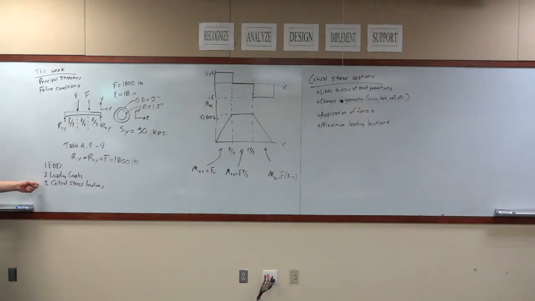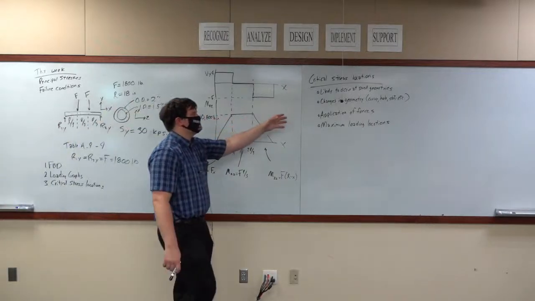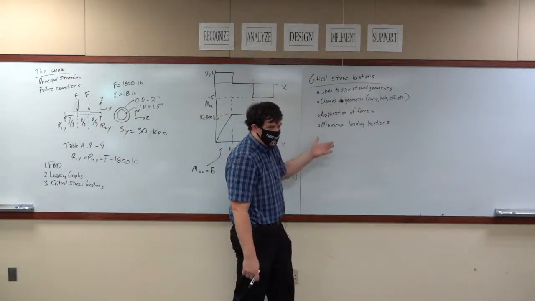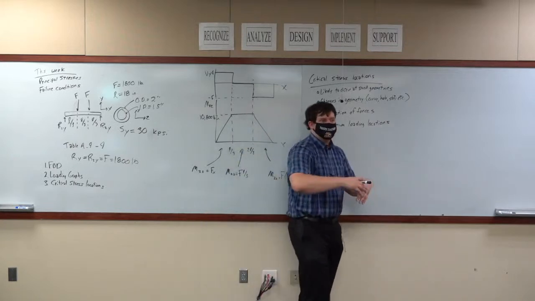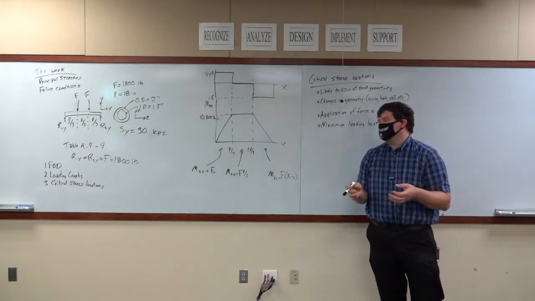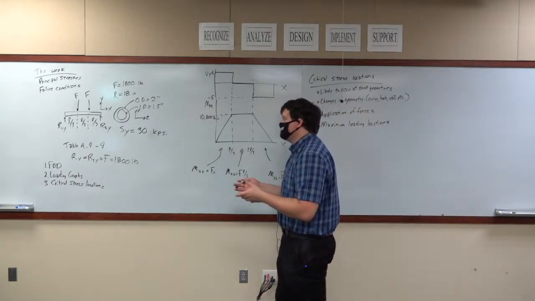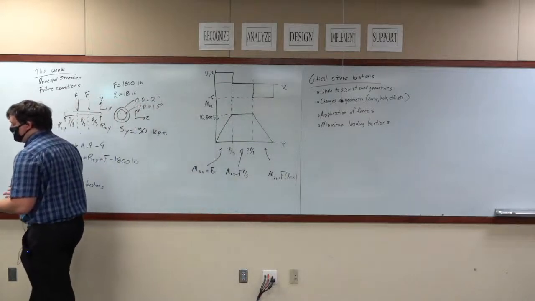Okay, what am I doing now? Right, okay, so critical stress locations. We don't have any changes in geometry. So our geometric conditions aren't really going to apply here. In a different one where we had a stepped shaft or different sizes of shaft all connected together, then those would pose places where we would need to analyze the critical stresses.